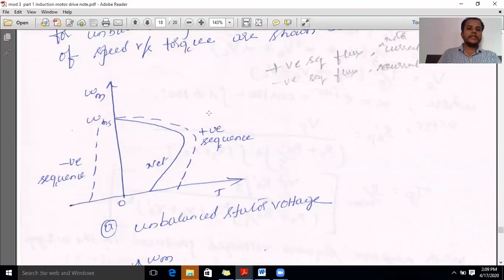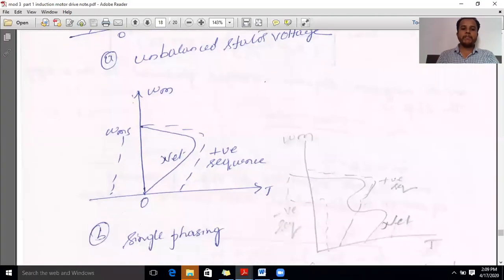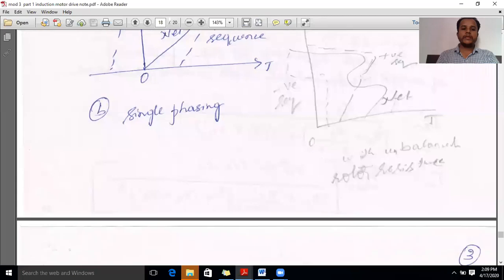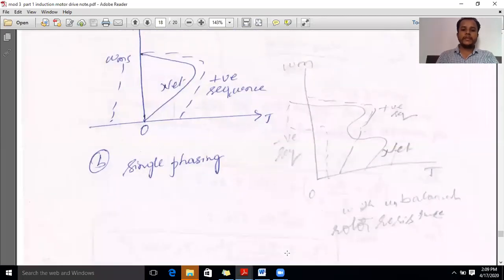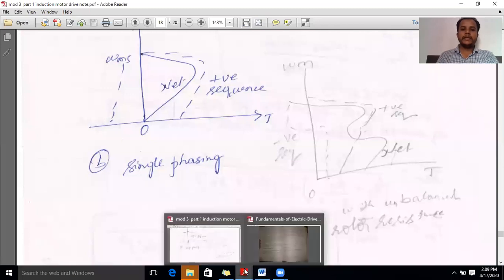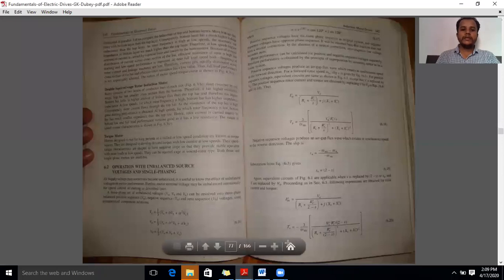Now we will discuss the second point, that is single phase operation of the induction motor, single phasing. Here in single phasing, I will show some documents.